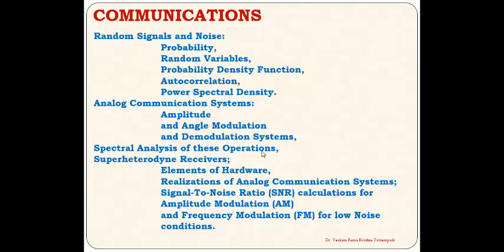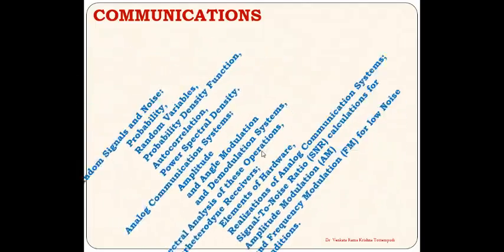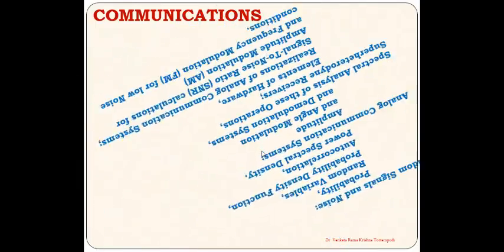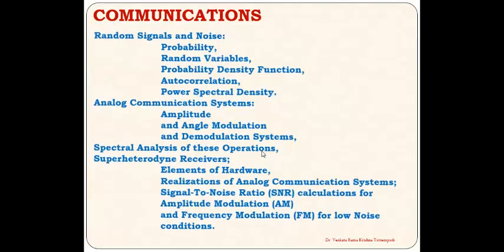Spectral analysis of these operations, superheterodyne receivers, elements of hardware, realization of analog communication systems, signal to noise ratio calculations for amplitude modulation and frequency modulation for low noise conditions. Fundamentals of information theory and channel capacity theorem.